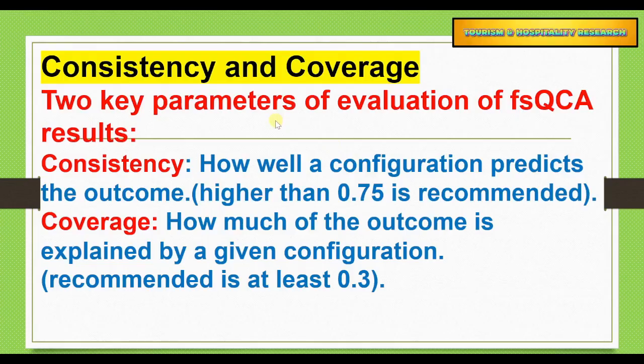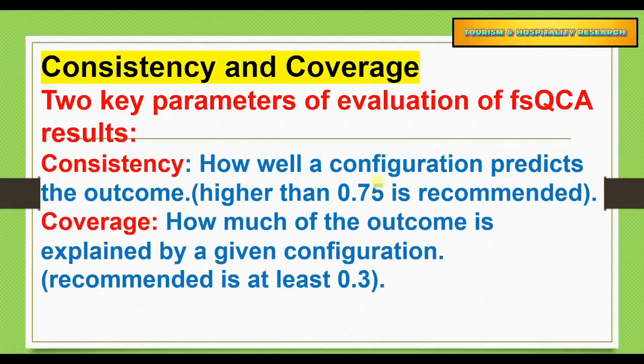And once we get the most relevant configurations, we assess them for consistency and coverage, which is given to us by the software. How well a configuration predicts the outcome is known as the consistency of that configuration. It is recommended that a consistency value greater than 0.75 is good, greater than 0.8 is very good, greater than 0.9 is excellent.